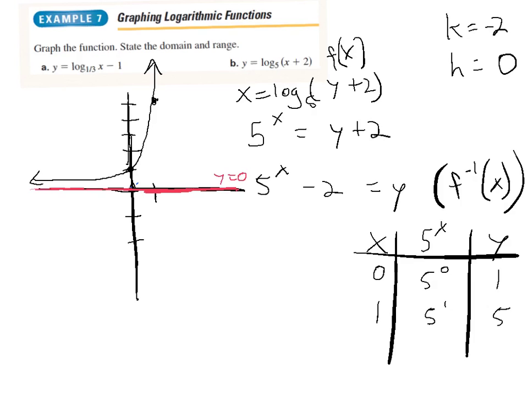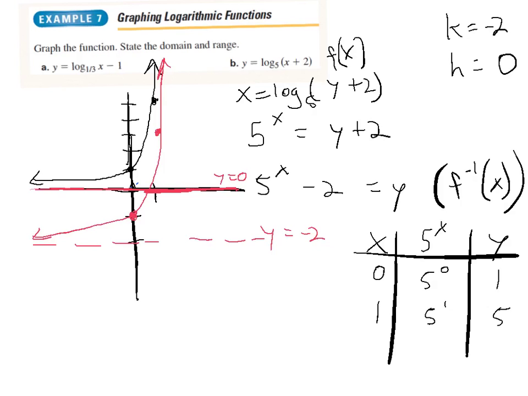So down 2, and down 2. And our asymptote shifts down 2 as well. So y equals -2 is our asymptote. Then I can go ahead and draw my new line. Alright, so there's our inverse.